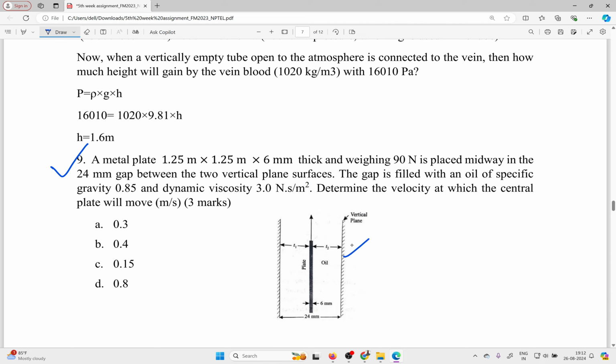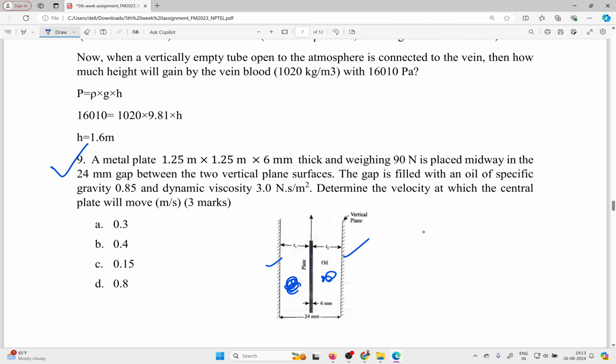The gap is filled with an oil of specific gravity 0.85, and the dynamic viscosity is given as 3.0 Newton second per meter square. Determine the velocity at which the central plate will move.